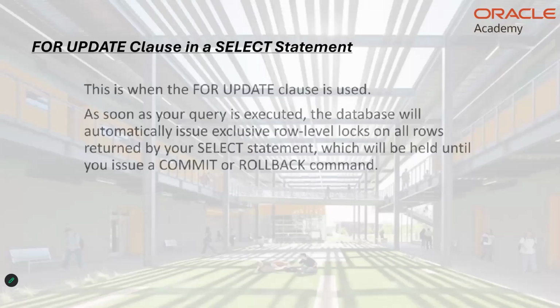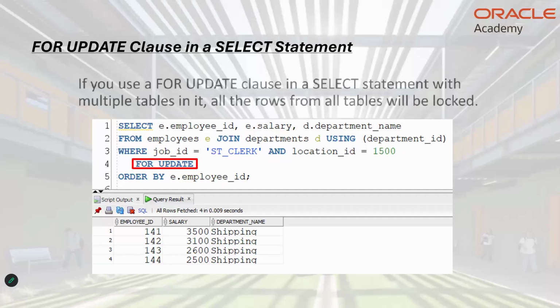So you use this as soon as you run a for update, and as long as a commit or a rollback hasn't been submitted, then basically you're locking whatever the command is until you either run a commit or do a rollback. So if you use for update in a select statement with multiple tables in it, all the rows from all tables will be locked.